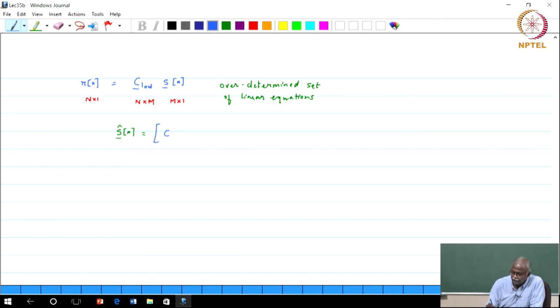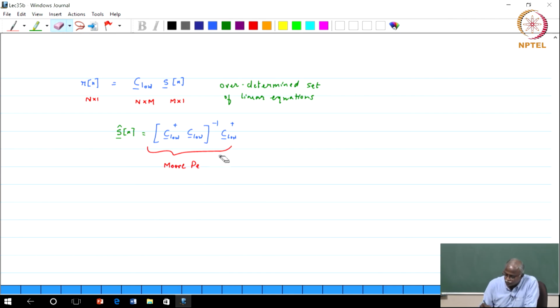The pseudo inverse structure is given by C low transpose conjugate times C low, inverse, times C low transpose conjugate. Again, this is the standard Moore-Penrose pseudo inverse, which we use all the time for solving these types of systems.